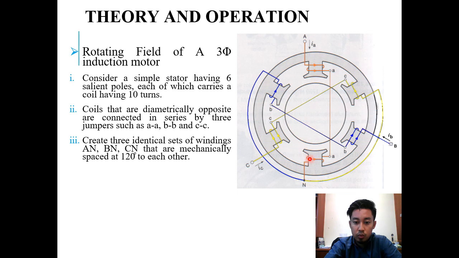This creates three identical sets of winding, AN, BN, and CN, for the three phases: from A to N, B to N, and C to N. They are mechanically spaced at 120 degrees to each other.